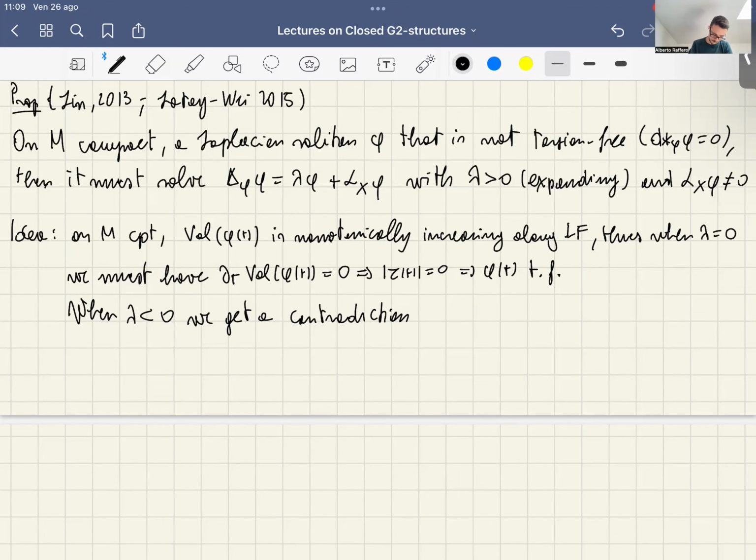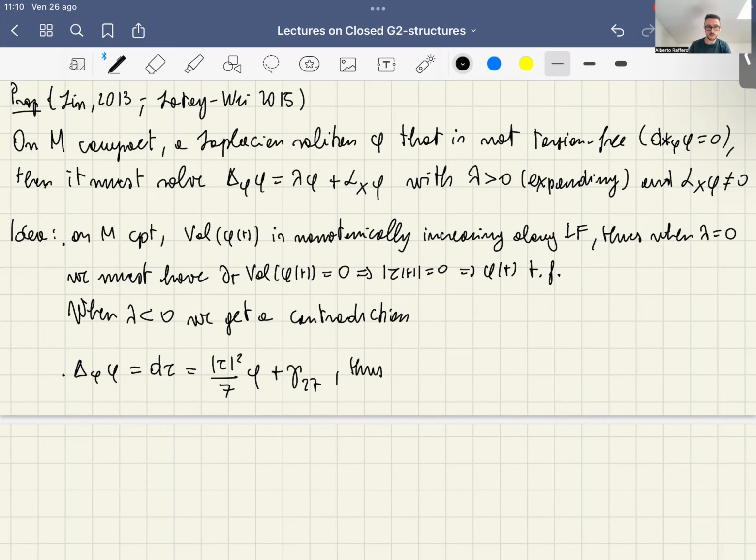Moreover, recall that the Laplacian of phi is equal to the differential of tau, which was equal to the square norm of tau over 7 times phi plus a component gamma 27 that belongs to the 27-dimensional submodule of the space of three-forms.